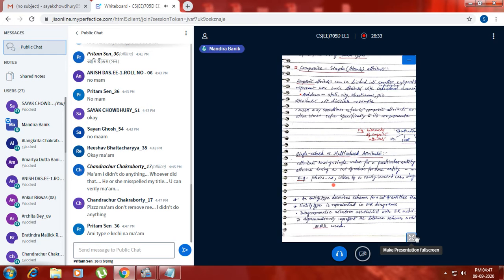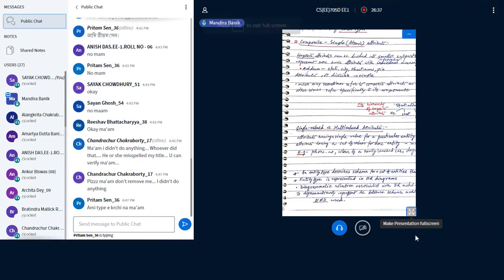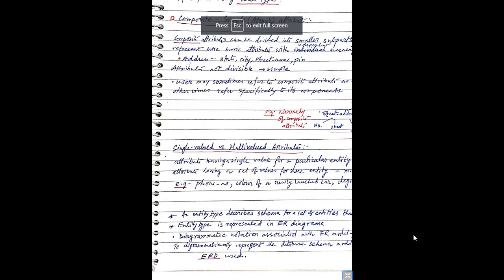And an attribute having a set of values for some entities is called multi-valued. For example, phone number. For a particular entity, the phone number attribute has multiple values, because a person may have a number of phone numbers. So phone number is a multi-valued attribute.